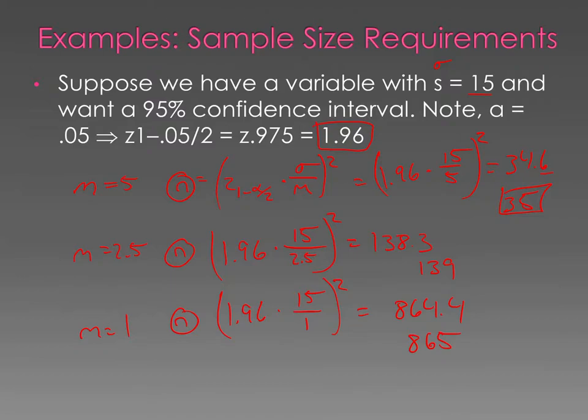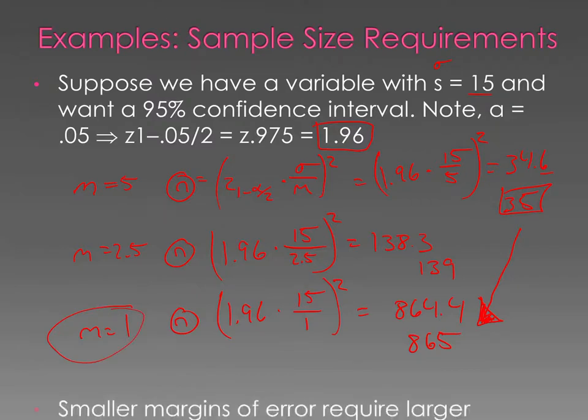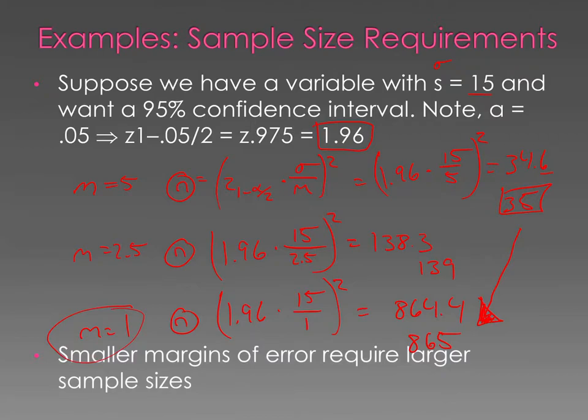So as you can see, as you want to decrease the margin of error in your study, the more people you need. Remember, in statistics, more people is normally always the better answer. You always want more people. So the more people you have, the smaller margin of error you will also have. So smaller margins of error require larger sample sizes.